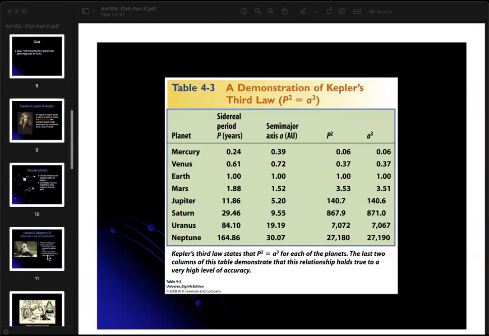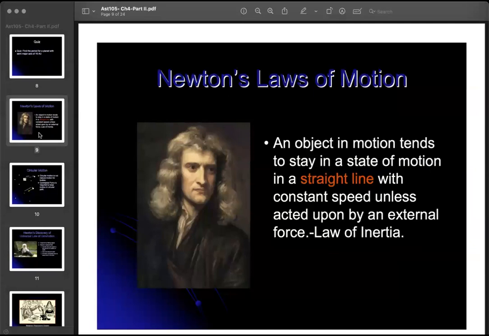All right. In this chapter we are talking about gravity and the motion of planets, and we are also talking about historical contributions. Another great contribution was that of Newton. He gave his laws of motion.